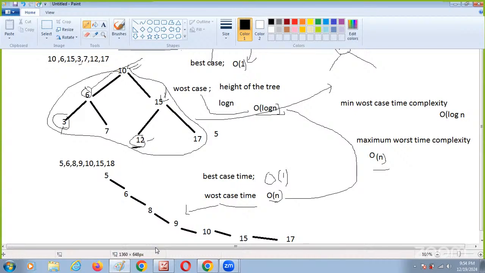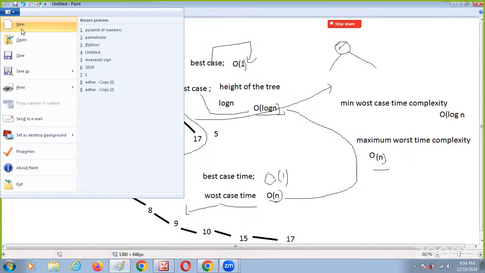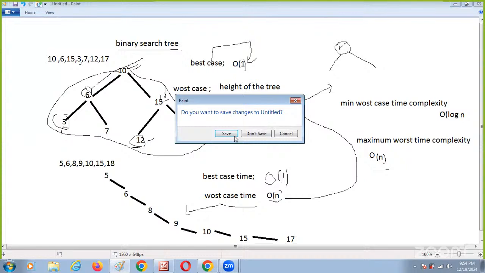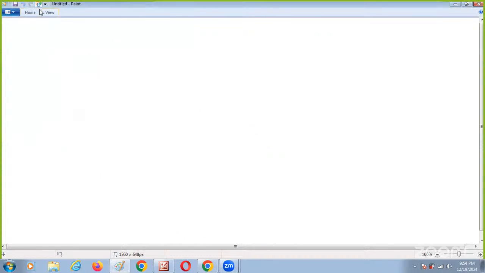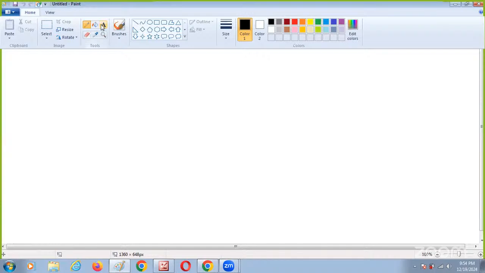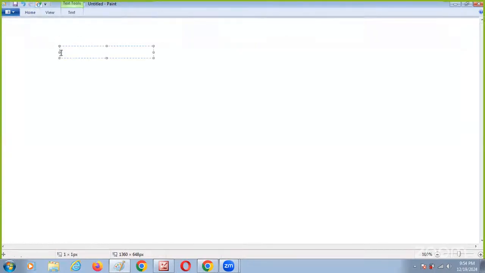What is the worst case time complexity of linear search? Now, what have we learned? Finally, at least you have to remember this.